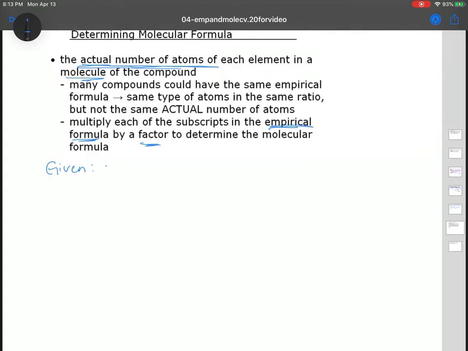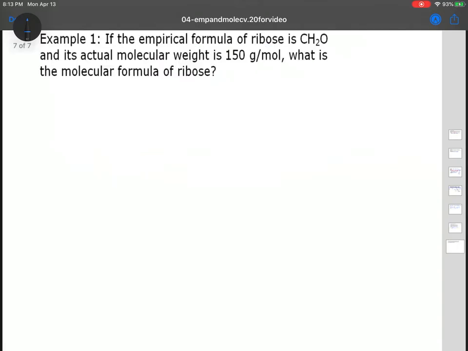So, but you need the empirical formula, and you have to be given an actual molecular weight or molar mass. Okay?